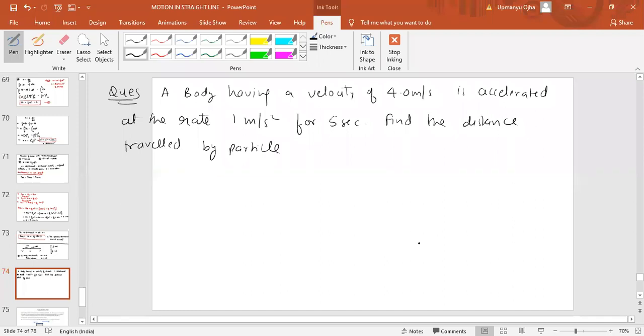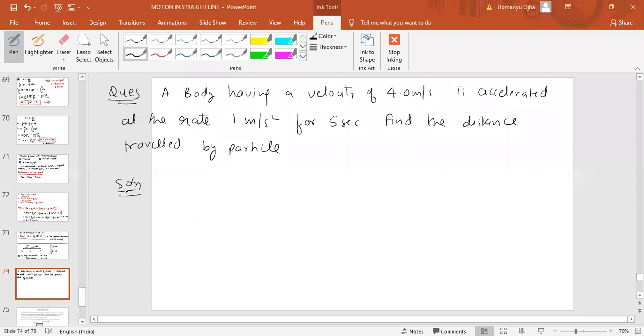Now here in this question, the acceleration is constant, because a is equal to 1 meter per second square. So if the acceleration is constant, can we use the equation of motion? Yes, we can. Can anyone get the answer?